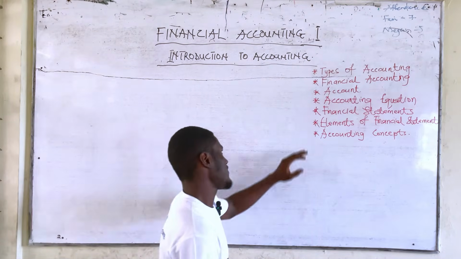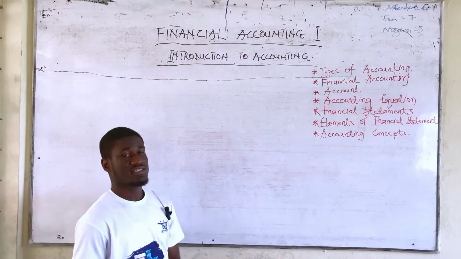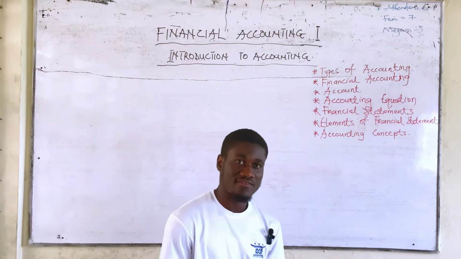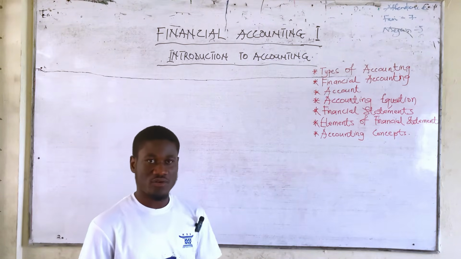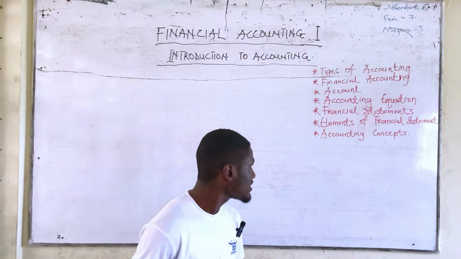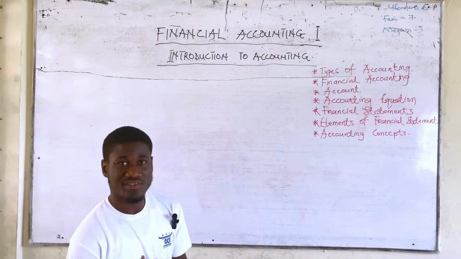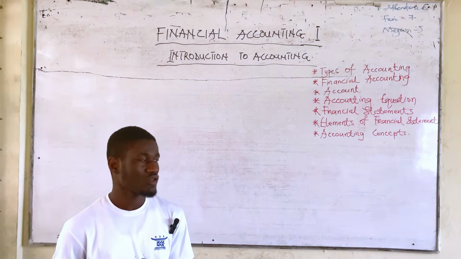Now, financial statements. We have 5 financial statements. We have the statement of profit or loss. This statement is used to determine the financial performance of the business. How well is the business performing? Okay, good.